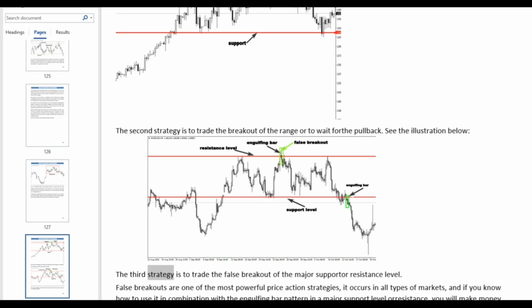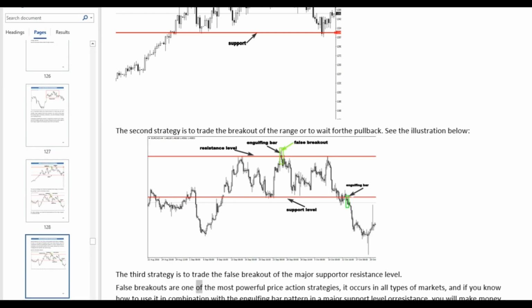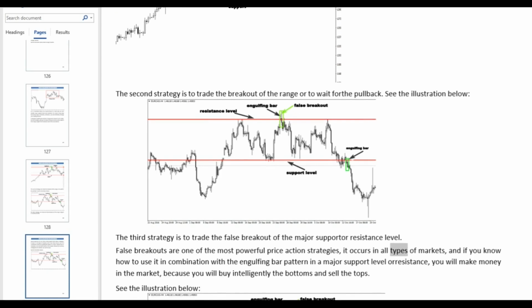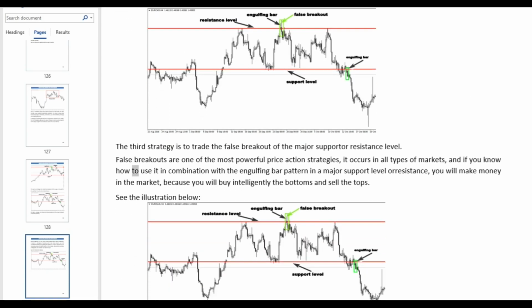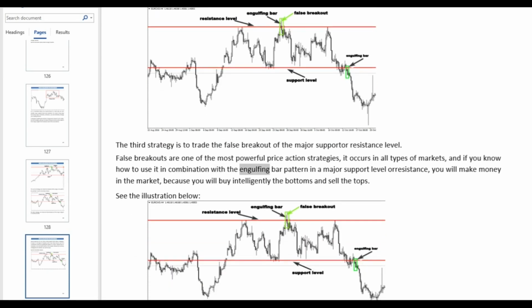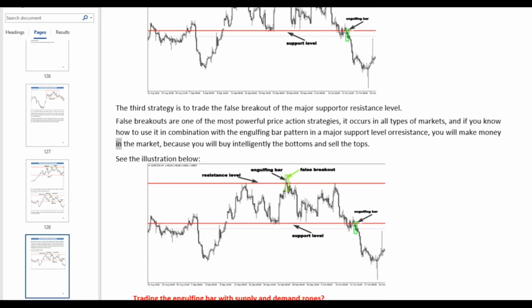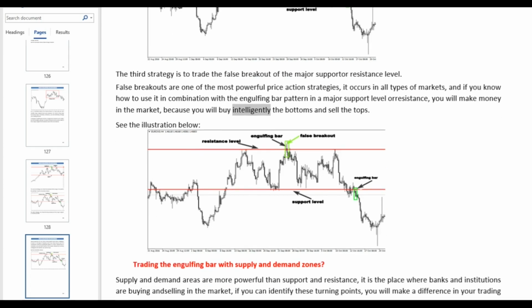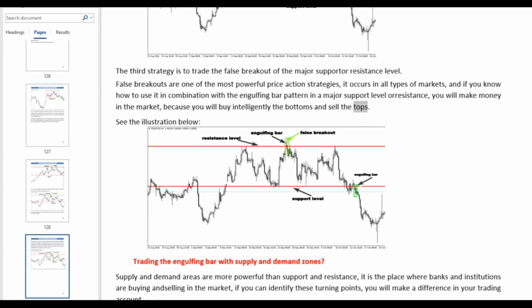The third strategy is to trade the false breakout of the major support or resistance level. False breakouts are one of the most powerful price action strategies. They occur in all types of markets, and if you know how to use them in combination with the engulfing bar pattern at a major support or resistance level, you will make money in the market, because you will buy the bottoms and sell the tops intelligently.